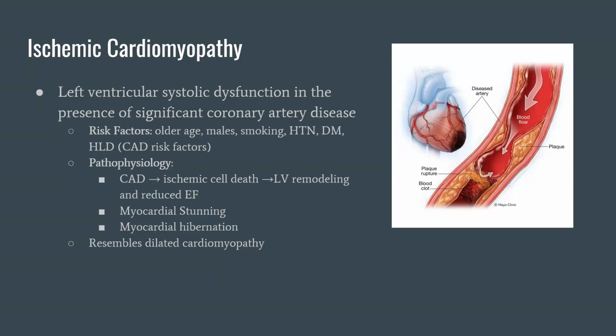Myocardial hibernation is a little bit different. I'll tell you guys a scenario to put it into perspective. Usually we see this if somebody has like a chronic 70% lesion and we do a stress test, it shows that they have significant ischemia to that area.